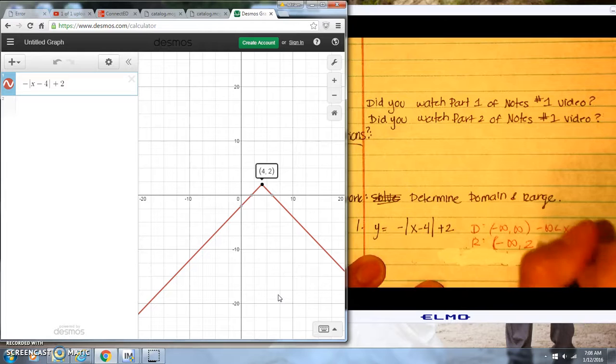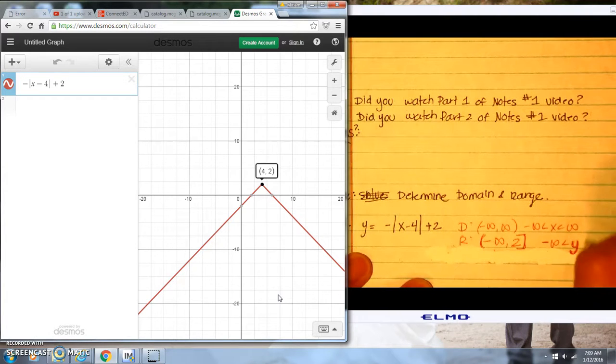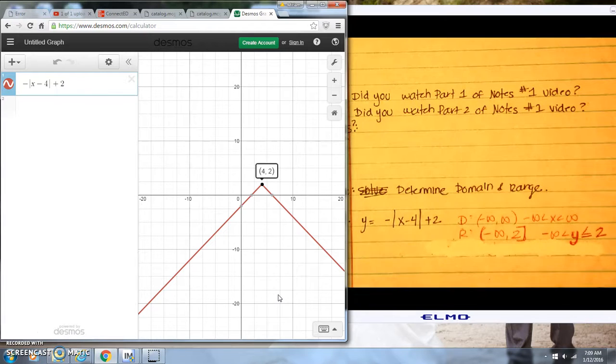Parentheses on the negative infinity, brackets on the 2. Negative infinity, we're talking about the y values, not the x, for the range. And all the y values that are greater than negative infinity, but less than or equal to positive 2.